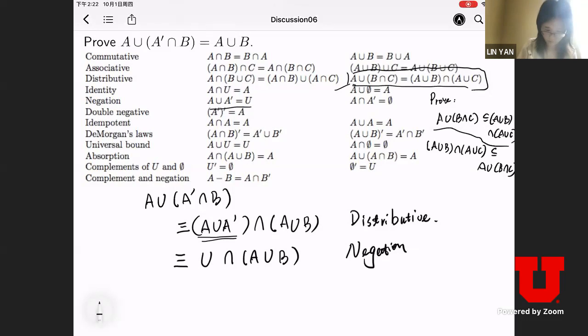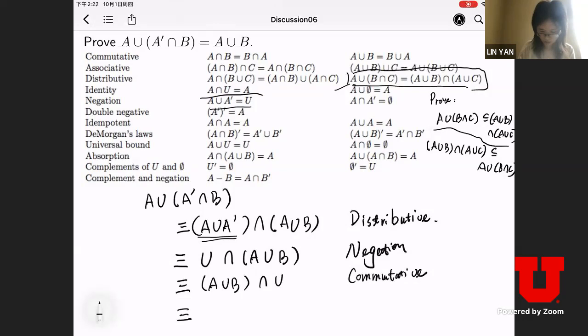And from this one, in this sentence, U, the universal set, is on the left, so we needed the commutative law to switch A union B and U. This is commutative.